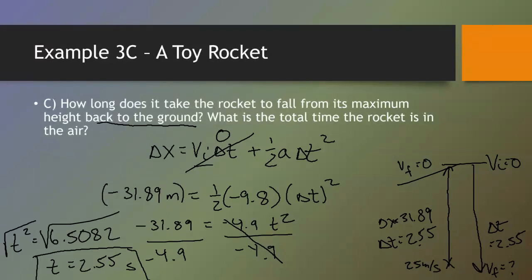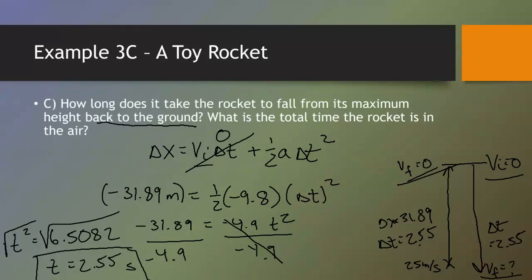So anytime you throw something up in the air, it takes the same amount of time for it to slow down to 0 as it does for it to speed back up and come back down to the point where it started. So if it starts from the ground and it takes 2.5 seconds to get to the top, it'll take 2.5 seconds to fall back to the ground. If it starts on the ground and it takes 5 seconds to get to the top, it'll take 5 seconds to get to the ground.